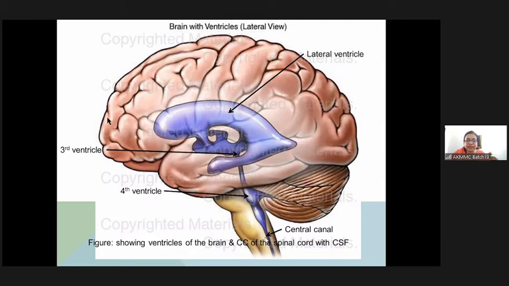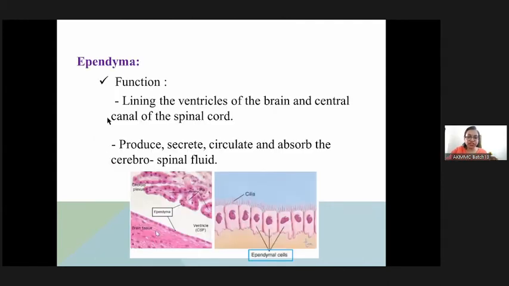There are 4 ventricles inside the brain. And inside the spinal cord of the central nervous system, this is the central canal. And all these cavities contain CSF, cerebrospinal fluid. This is also fluid. There are some cells which will protect the brain tissue. Brain tissue comes in contact with the fluid.